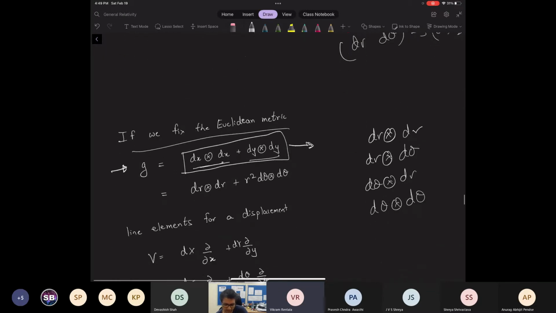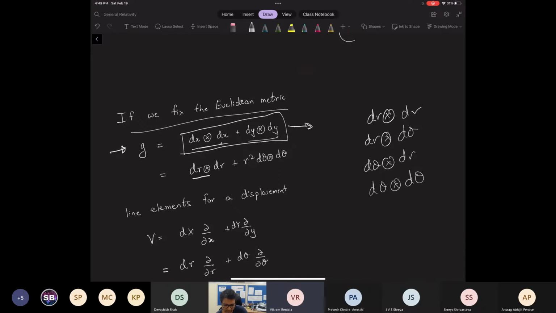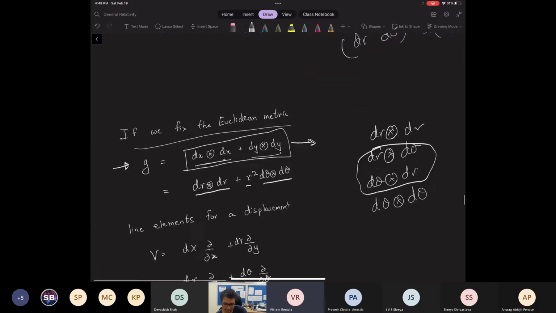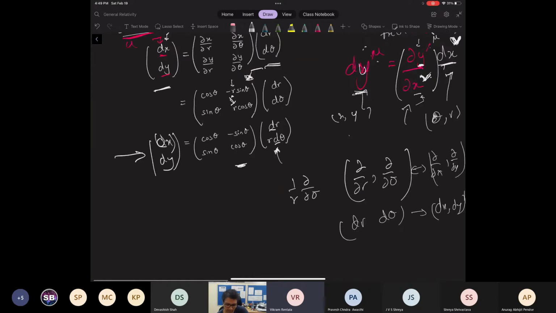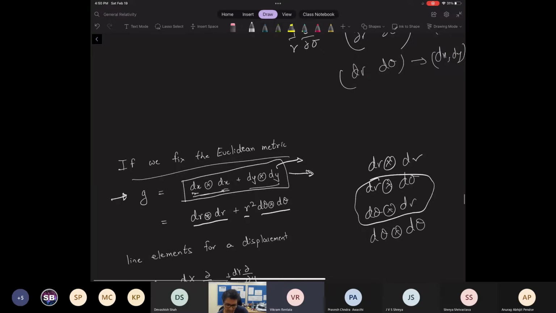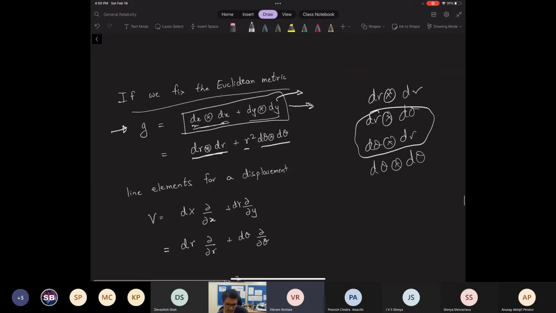And it's quite easy to convince yourself that what you will get is dr inner product dr plus r squared d theta inner product d theta. Okay, so these cross terms just cancel out. So you don't get any cross terms. So you have to expand dy in terms of dr and d theta, and similarly expand dx in terms of dr and d theta. Okay, and what you will get is this.